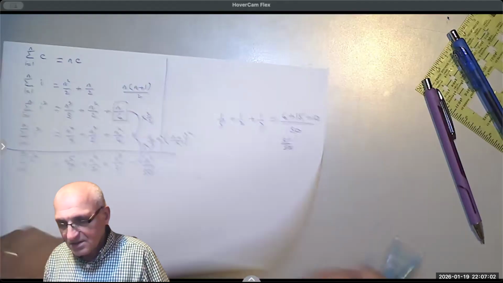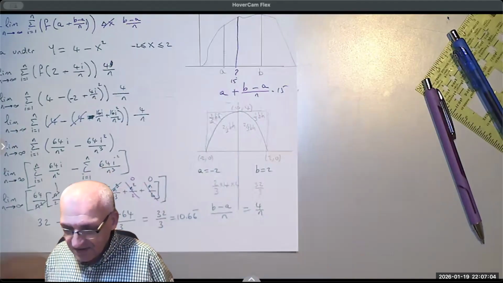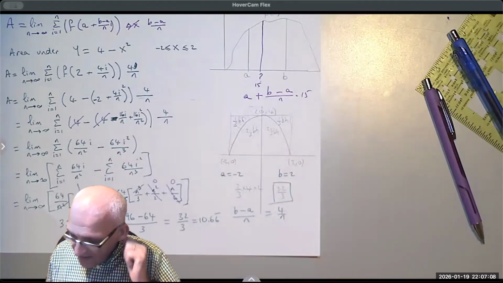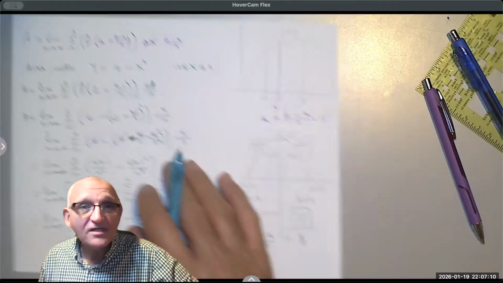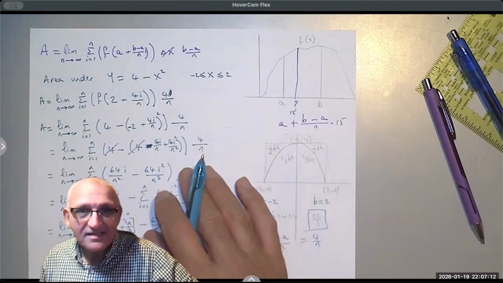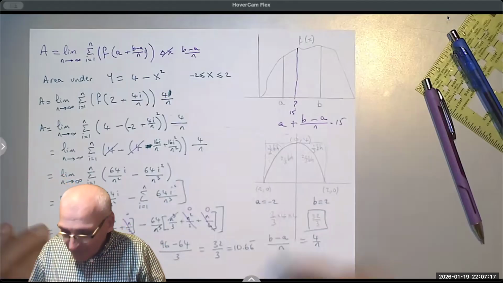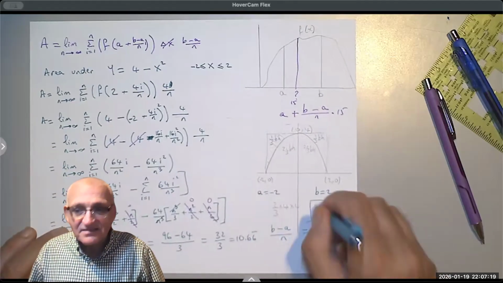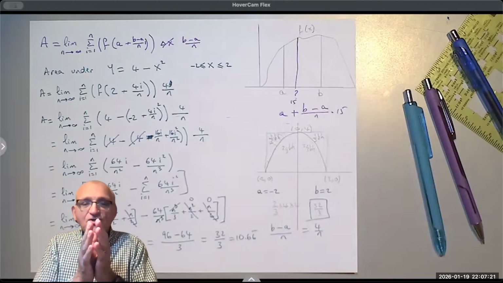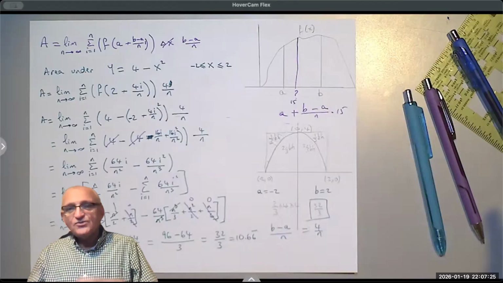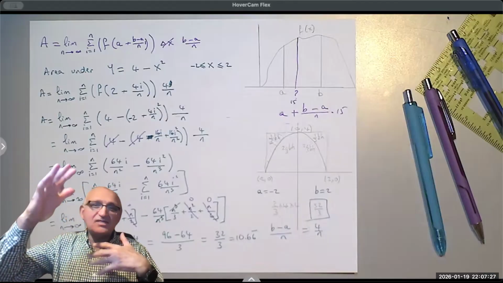Which we already did here, right? And we did it, 32 over 3, here it is, and we did it with the calculator. So basically we found the limit approximation of an area, and we got the exact answer. So we started with the trapezoidal method. We calculated from the left and from the right. We got a lower limit, upper limit. We said we can average.